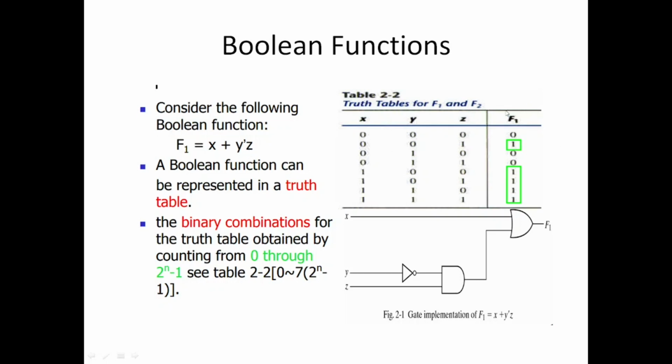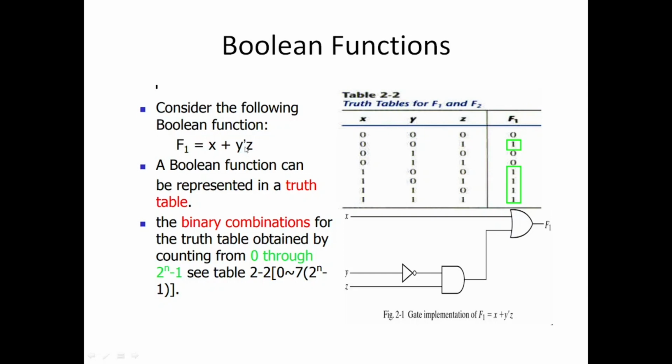So how do we derive the value of f1 here? We have the inputs x, y, z and the output f1. It is not possible to directly say the value of f1. First we have to find y dash.